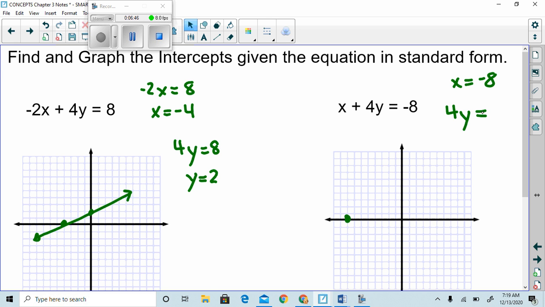That simplifies to 4y is equal to -8. And divide by 4, and I get y is equal to -2. Down 1, 2. Once again, I have 2 points. I can connect them, put arrows at both ends. Here's my line, and this has a negative slope.